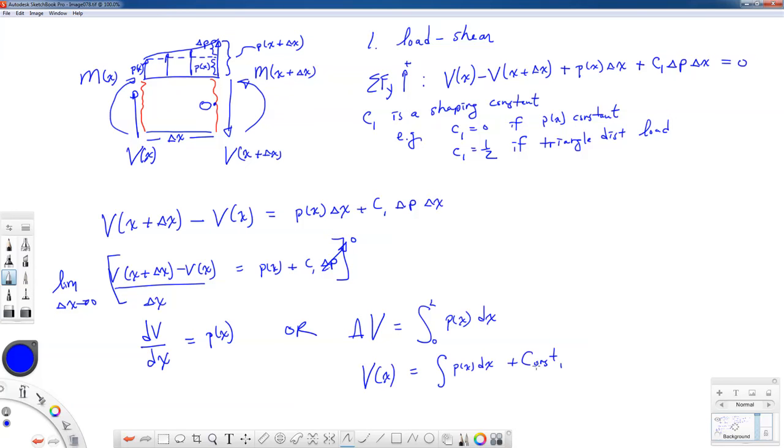And just to not confuse this constant of integration with what we used as a shaping constant, I'll just call that a different term, some kind of constant 1. This will be the basis for our graphical integration when we go to do that in just a few moments.